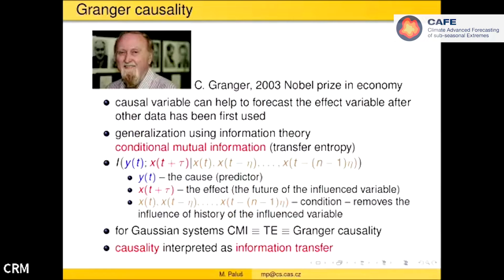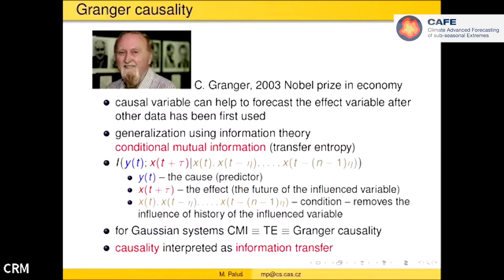It is based on the idea that if one variable, say x, is causal to y, then knowledge of the present state of x would improve the predictability of y in comparison with a predictor based only on the history of y. This causality was formulated using linear autoregressive processes, and it was successfully applied in many areas, and it also has many generalizations to nonlinear systems.